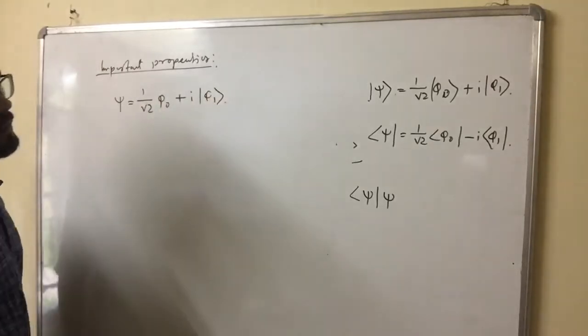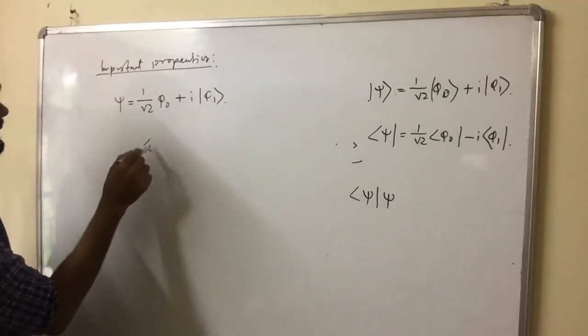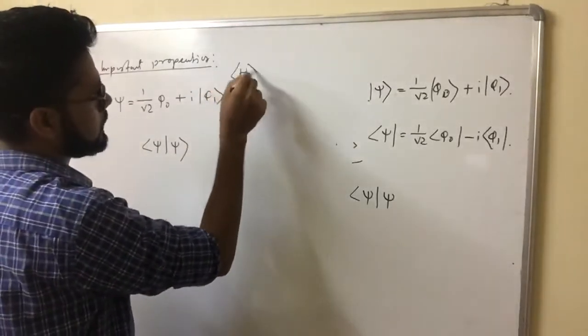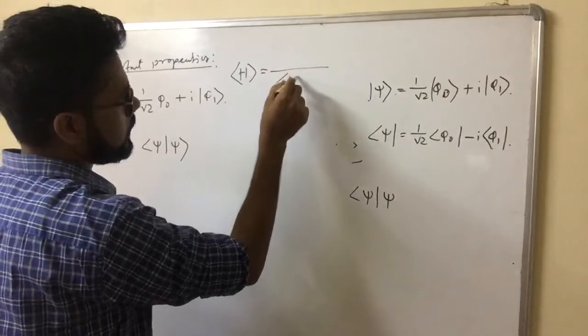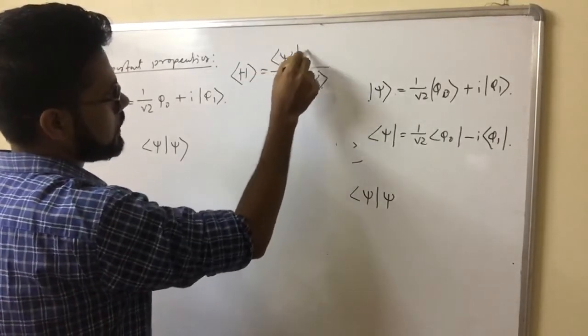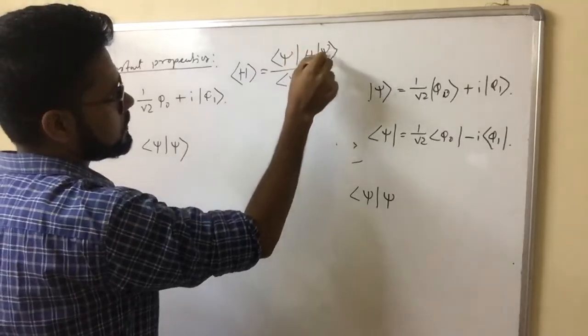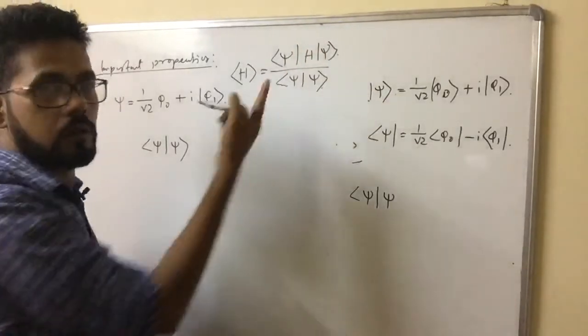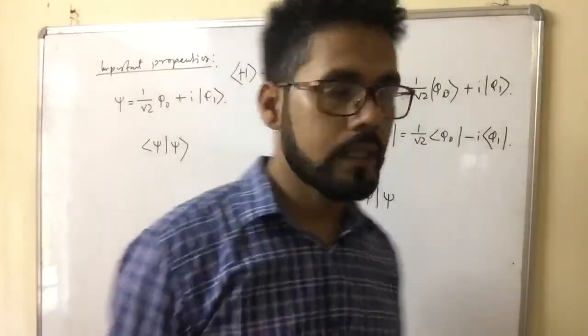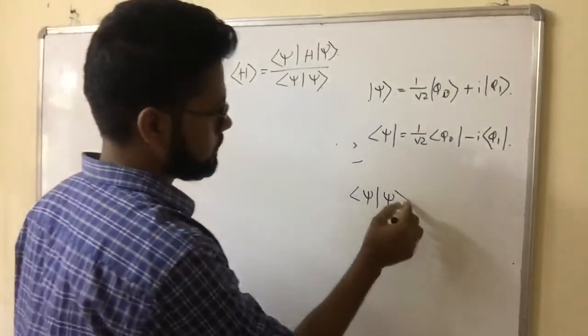Now I take this phi and phi, because I have to calculate the expectation value. This is the formula for the expectation value, because the question does not tell whether this wave function is normalized or not. If it is normalized, then this part is not necessary, but the question does not say so. That is what I have to find out.